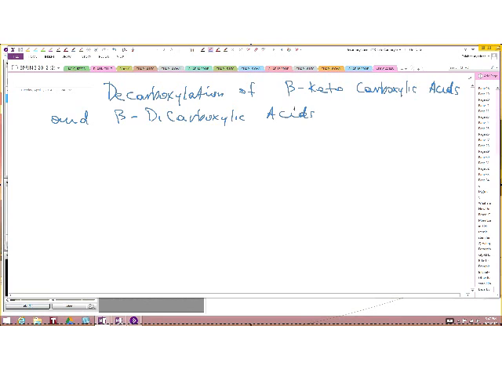Now, when we say decarboxylation, what essentially we are saying is we are going to remove carbon dioxide from this molecule. And this is a very important reaction. Supposing we have this, and then we have this here.